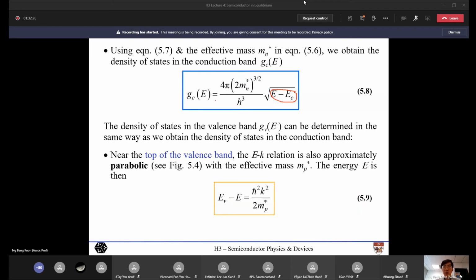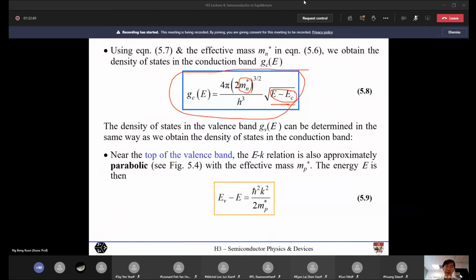So in this case, we shift the energy down by EC. We replace the E with E minus EC, which is this here. And notice that the mass, we replace it with effective mass. If you do that, then we can use this as an approximation to the density of state in a semiconductor.